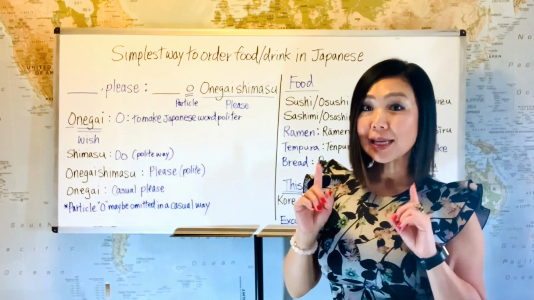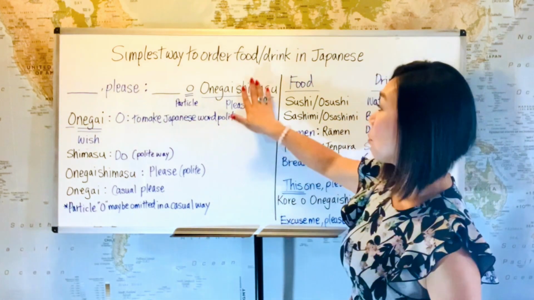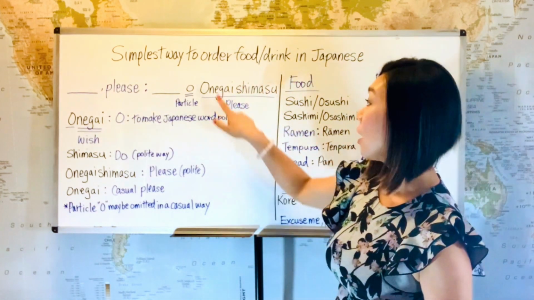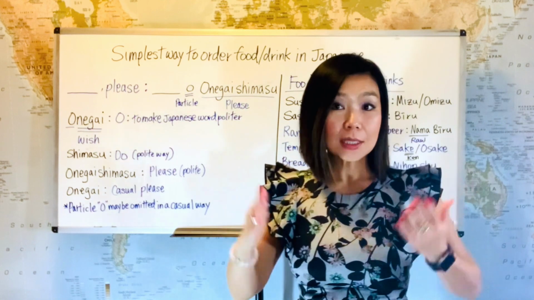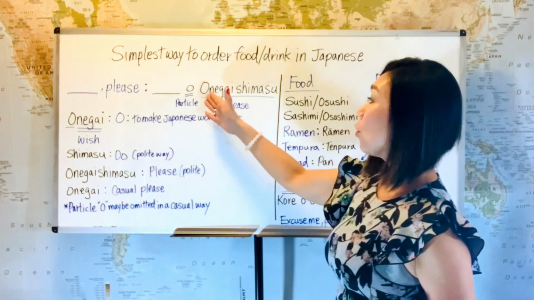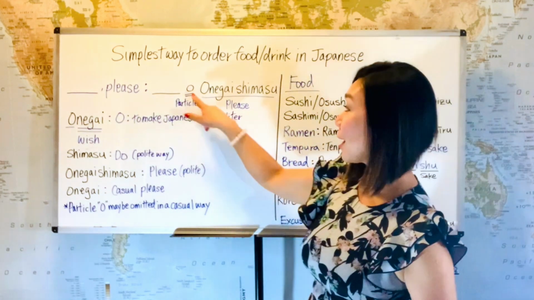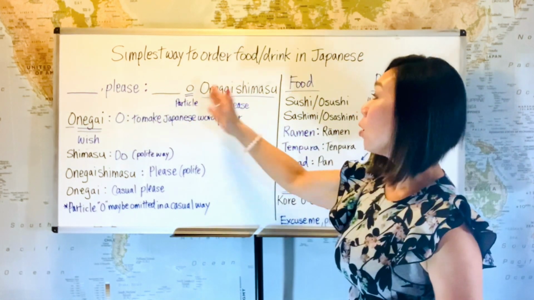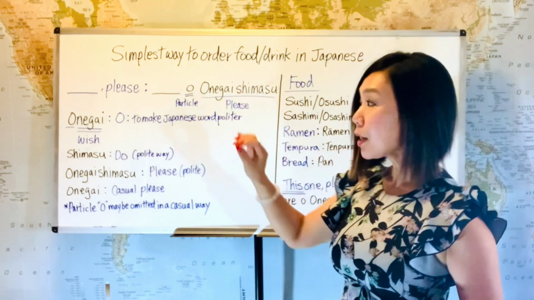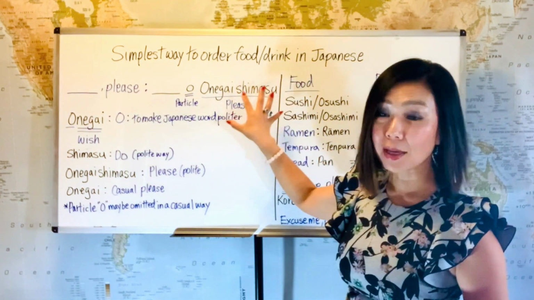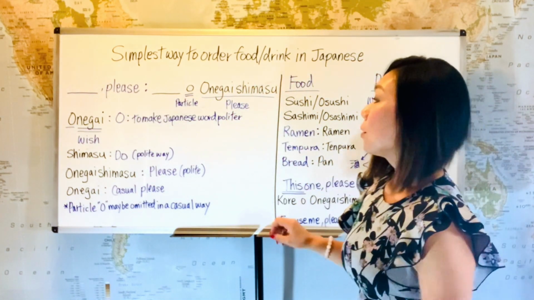If you want to say it casually, you can always remove shimasu and just say onegai. So you can just memorize it: before onegai shimasu, the particle o comes. So it's like a double o, right? O onegai shimasu. Now we're going to break this down.